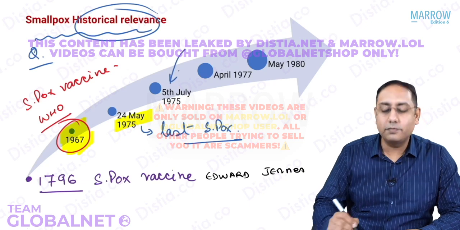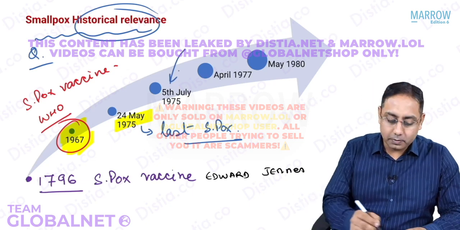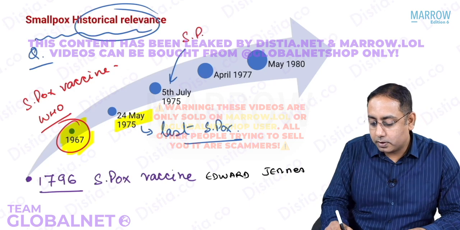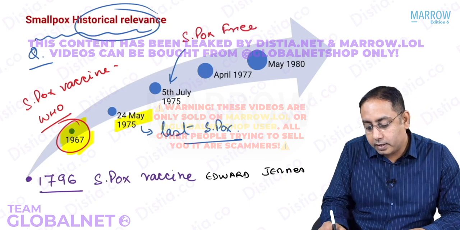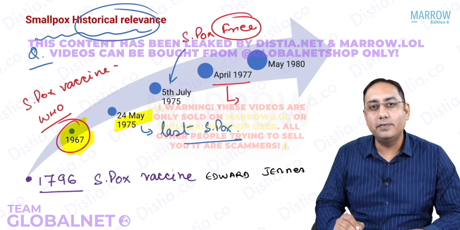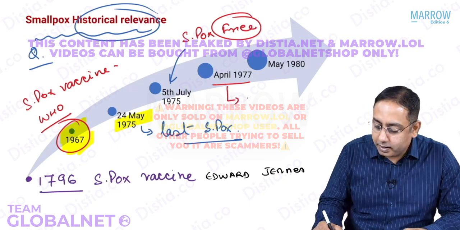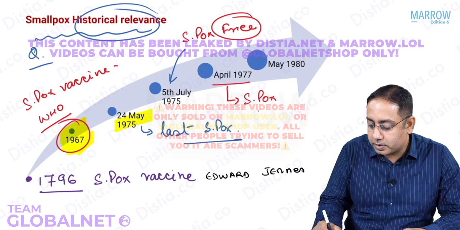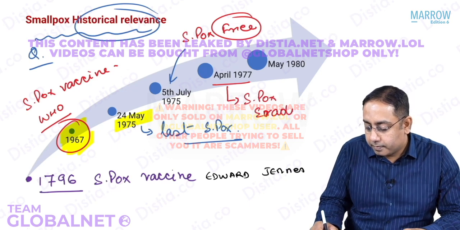Subsequently, on 5th July 1975, India was declared a smallpox-free country. Then by an international commission, in April 1977, India was declared a smallpox eradicated country.